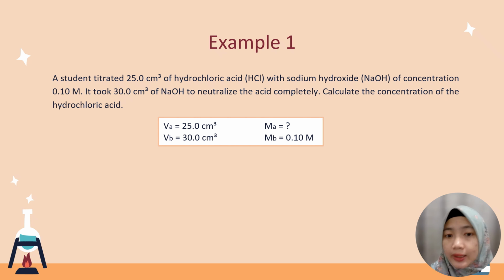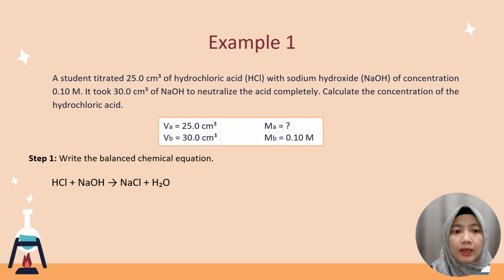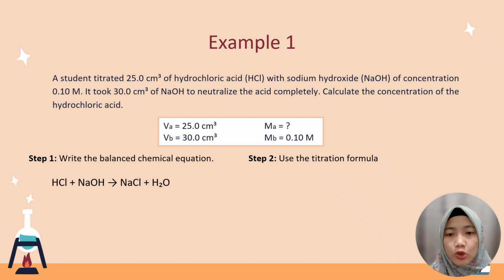After you take out all the information given, you need to write the balanced chemical equation between the acid and base solution. So we have HCl reacting with NaOH. So this would be the equation, a balanced one. The next step, you use the titration formula.